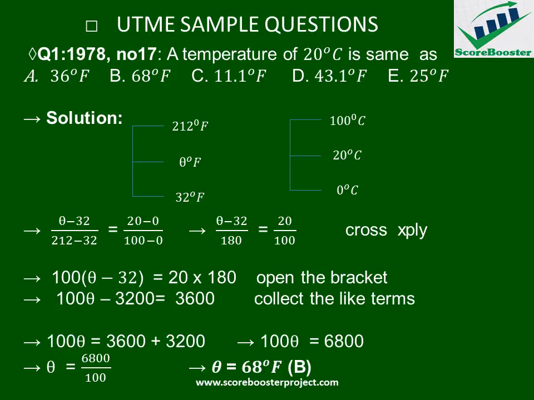So for temperature in Fahrenheit, the steam point is 212 degrees Fahrenheit. The intermediate point will be represented by theta degrees Fahrenheit, since we don't know the value, while the ice point is 32 degrees Fahrenheit, which is constant.